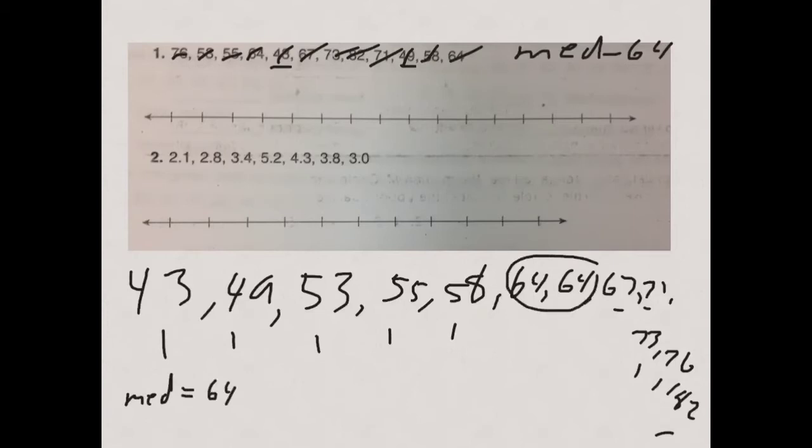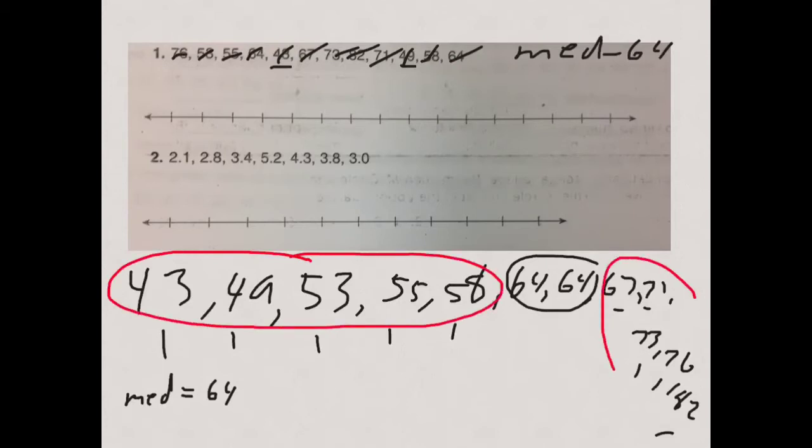Once I have those two circled, I can also find the median of each group. In this group, that's my lower quartile, and here is my upper quartile. So let's go ahead and label those also. Lower quartile, 53. Upper quartile is 73.